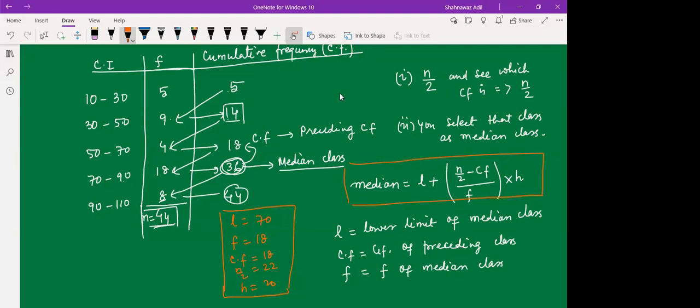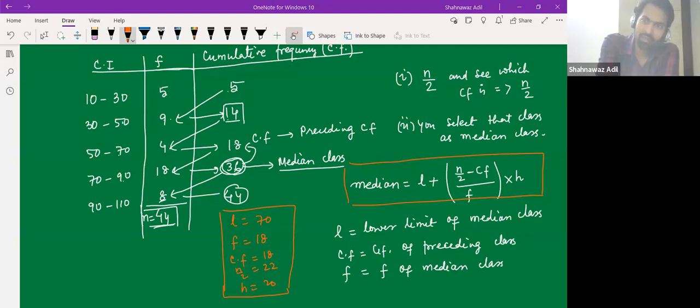Yes, sir. So, Talha, where are you? Nowadays you are very silent. What has happened to you, Talha?